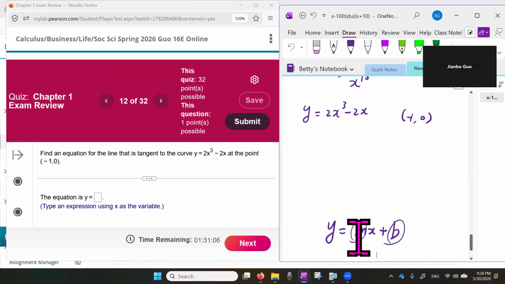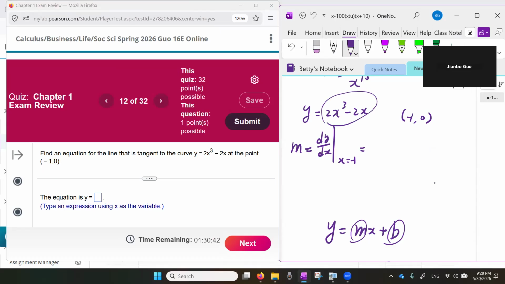M is the slope of the line, which is the same as the derivative of the function at x equals -1. So the slope of the tangent line is the derivative of the function at -1 in this case. Let's see what the derivative is. The function is a very simple polynomial. The derivative of the function is 3 in front, 2 times 3 is 6x squared minus 2.